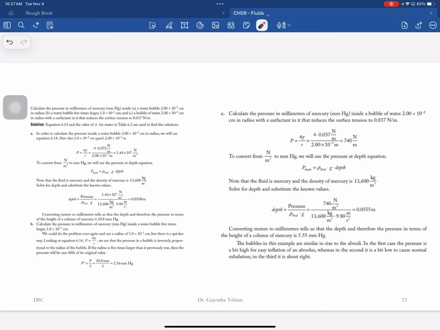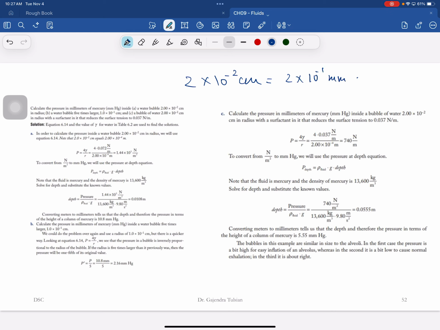So 2 times 10 to the minus 2 centimeters. 10 to the minus 1 centimeter is a millimeter, so 2 times 10 to the minus 2 centimeters equals 0.2 millimeter. The reason we are doing this is the size of your alveoli. So we are doing numbers for your alveoli.